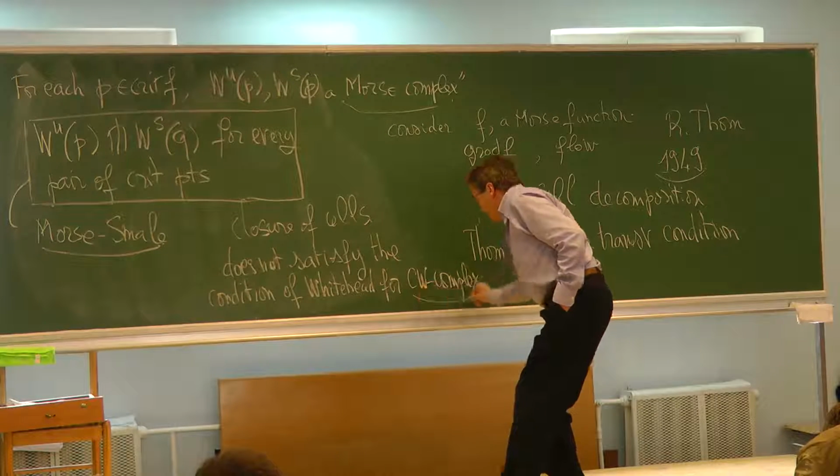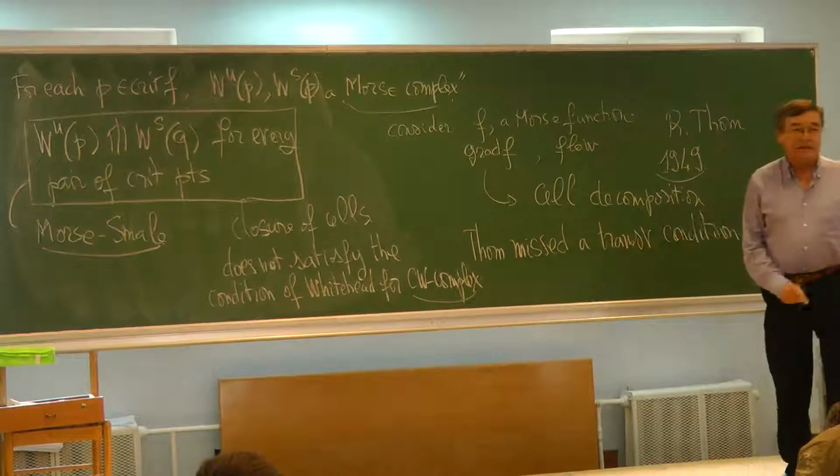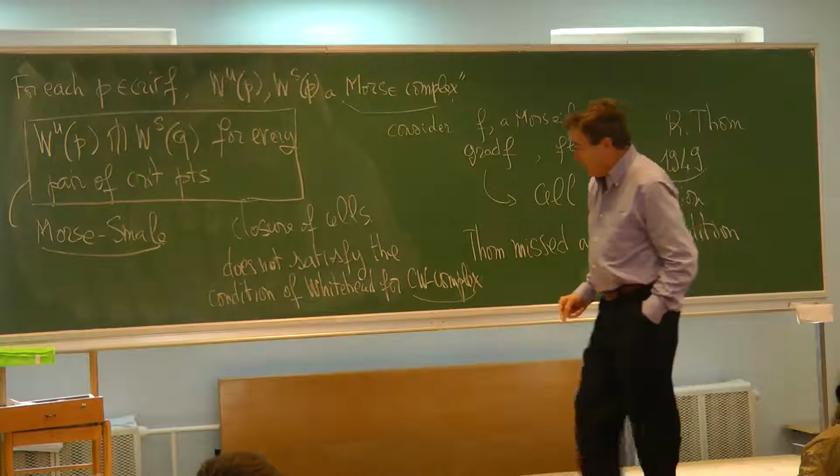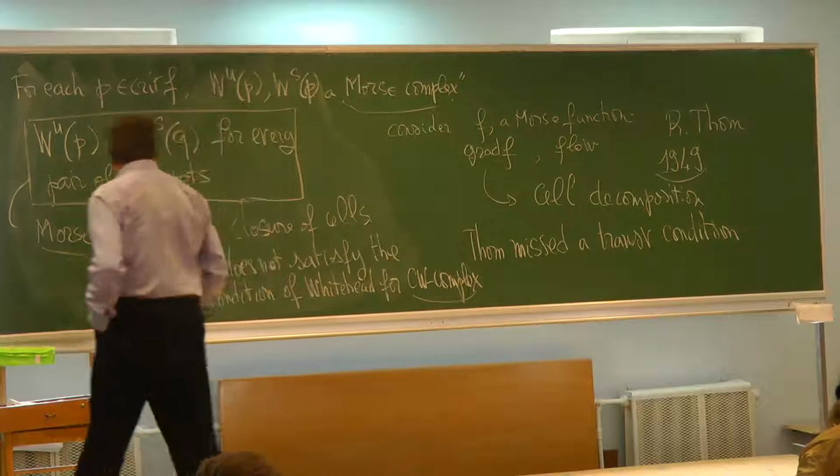So the cell decomposition of Thom is not a CW complex. So that is the first step of the story.